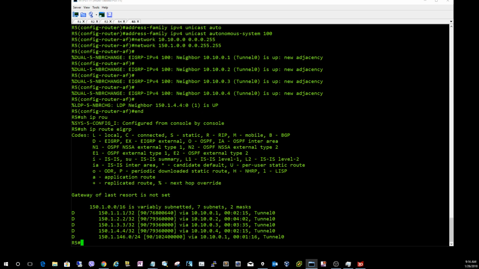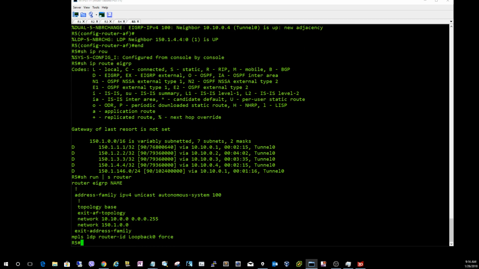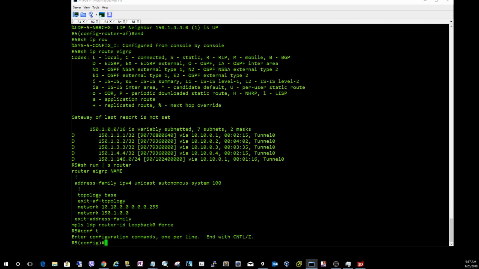All we need to do is, if you do show run section router, for some of you who might be studying and are not familiar with the named mode: in classic mode, you just go to the tunnel interface and do no ip split-horizon. But with the named mode, let's do this.